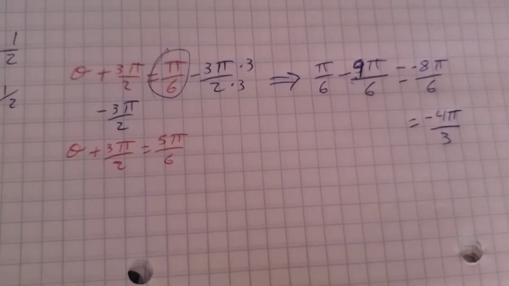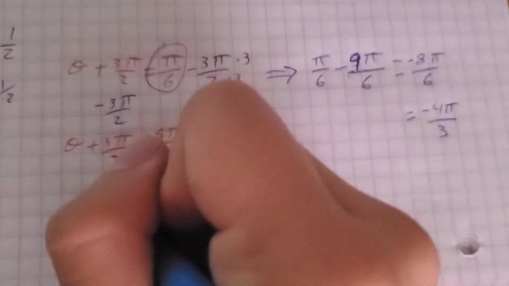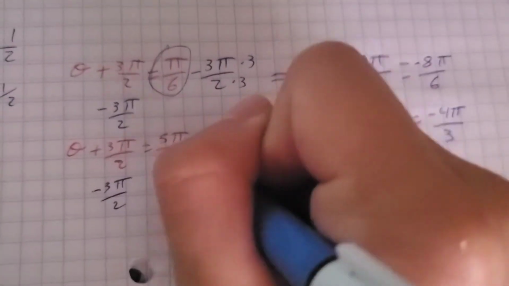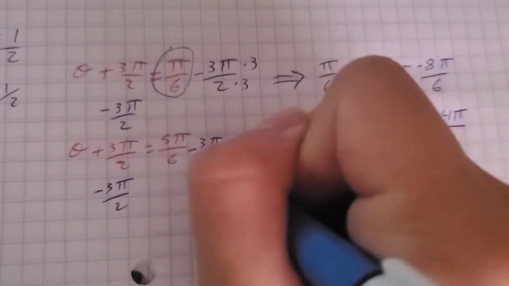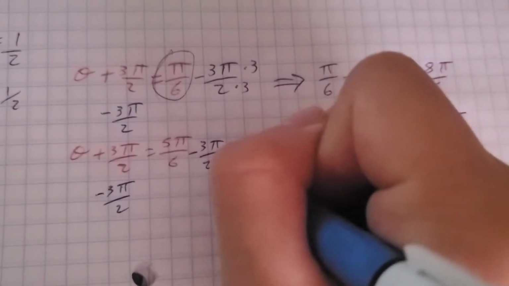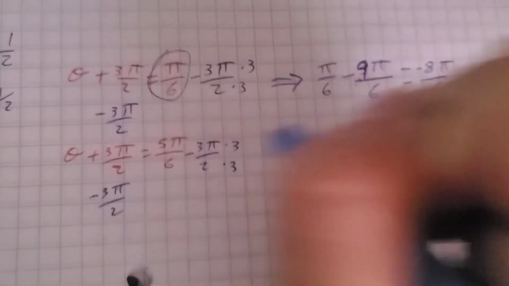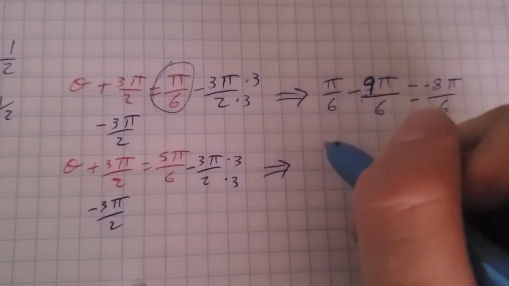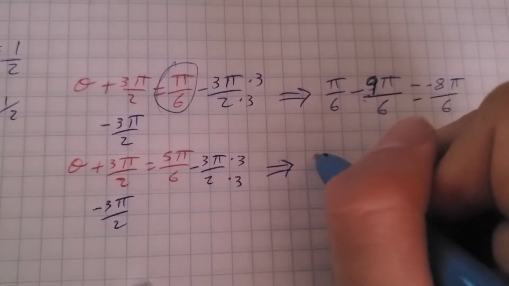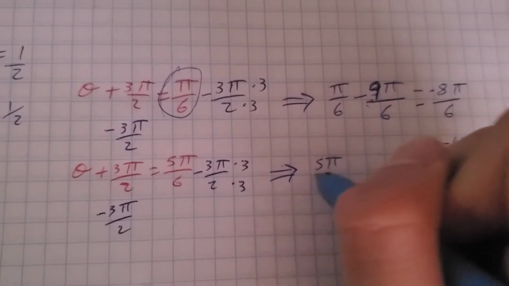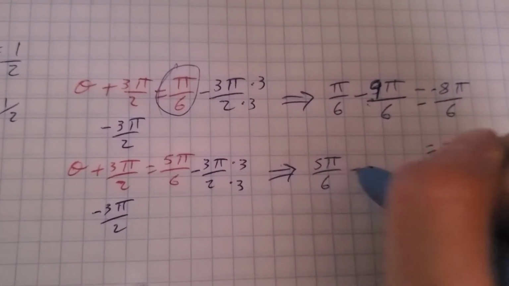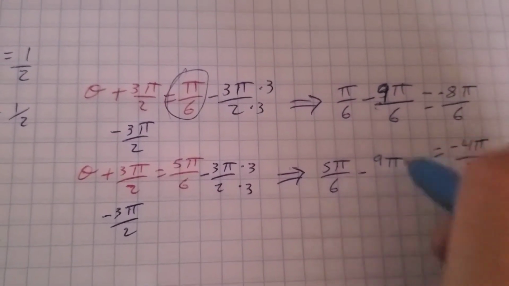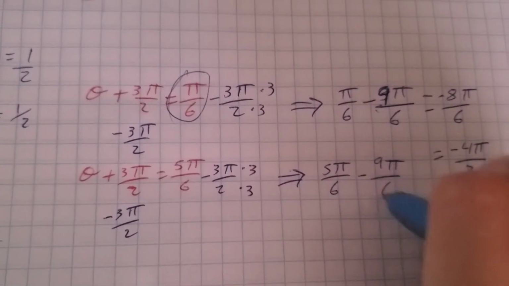I'm going to subtract 3 pi over 2 from both sides. I'm going to multiply again, top and bottom by 3, so that I get 5 pi over 6 minus the 3 times 3, that's 9 pi, over 6.